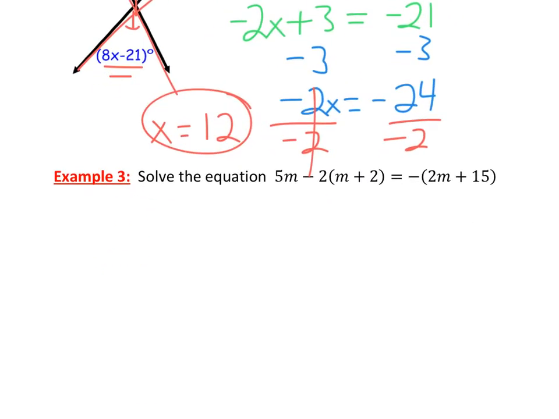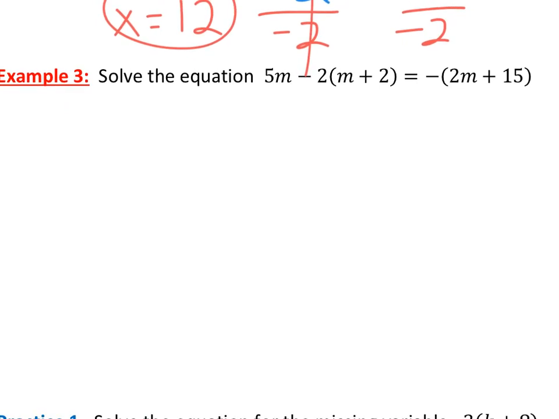The next one is example 3. We have 5m minus 2 times, in parentheses, m plus 2. And that is all equal to negative 2m plus 15 in parentheses. Okay, if I go through this, again, those steps I said is to simplify both sides.